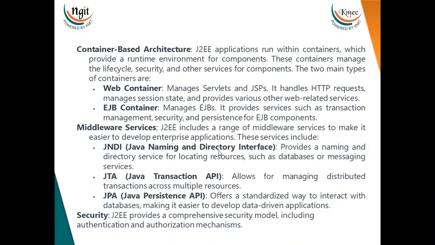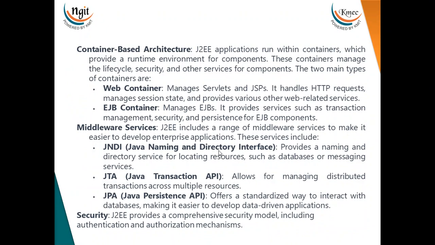And as we have heard, it is a container based architecture. That means J2EE applications run within containers. They provide the runtime environment for components. They manage the life cycle, security, and other services for these components. There are two main containers, the web container and the EJB container.